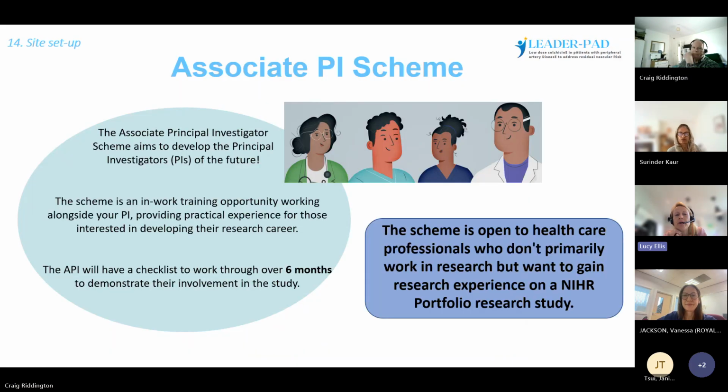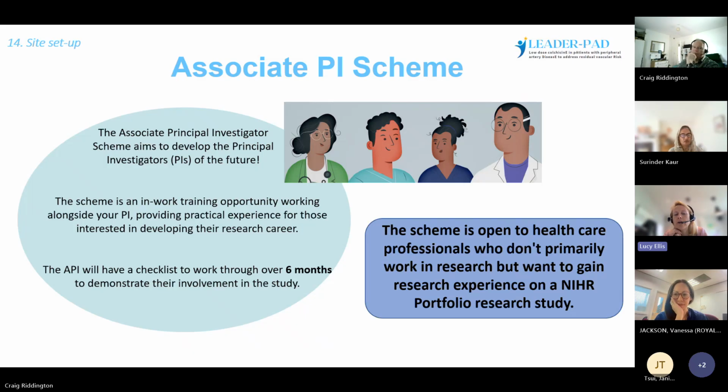Just to mention before we get on to the last slide, on the LeaderPad trial, we are on the associate PI scheme, and we are finding that a lot of sites, particularly the top recruiting sites, have an associate PI working on the trial there.